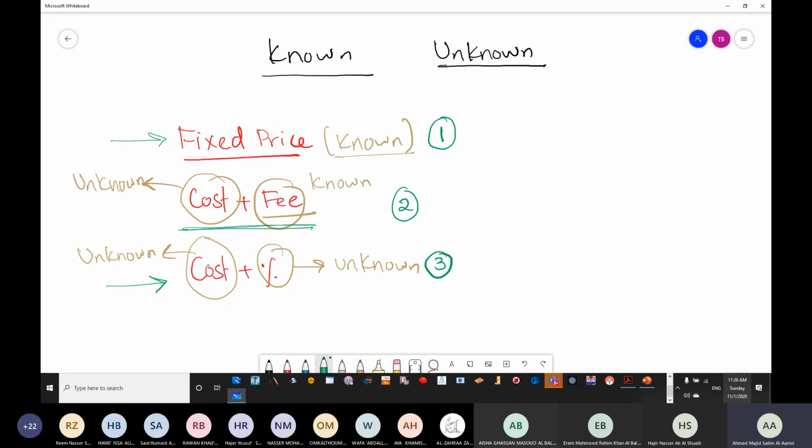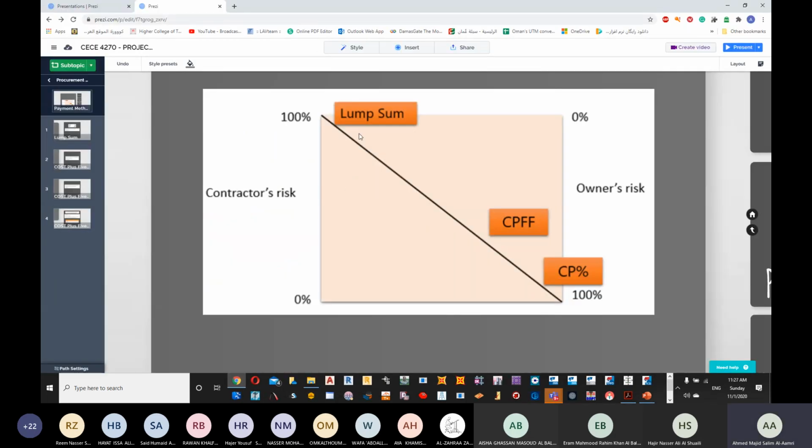So if we go and see here, you will see that when it comes to the owner, the best option is for me lump sum or a fixed price. After that we have cost plus fixed fee. After that we have cost plus percentage. Known, half known, half unknown, fully unknown.